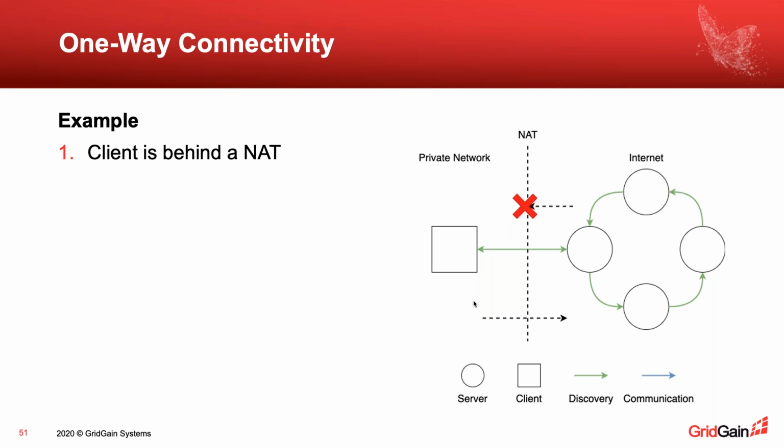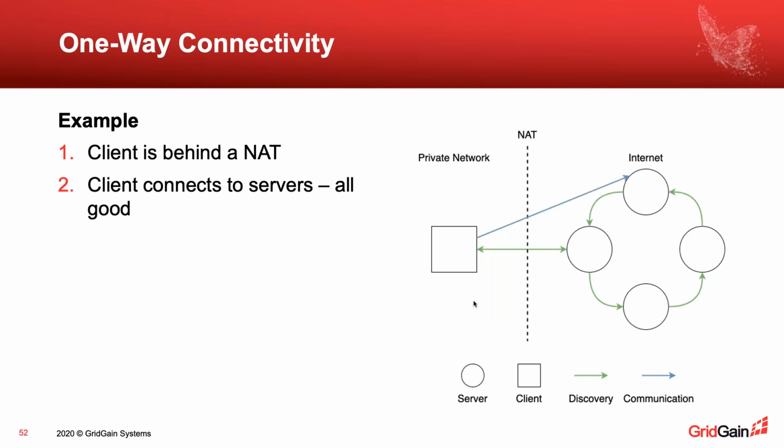So say we have a client behind NAT and we have a cluster to which that client can connect. So the client can connect to the cluster, but the cluster can't connect back. It can't initiate the connection.